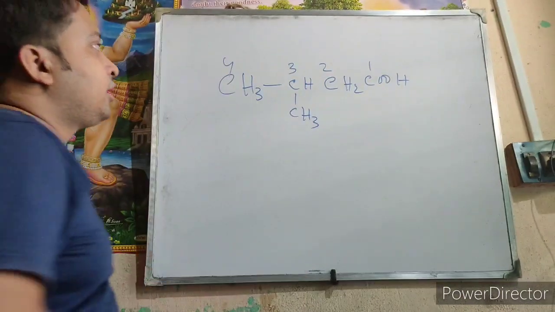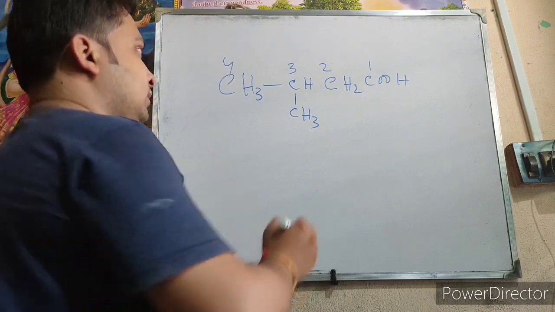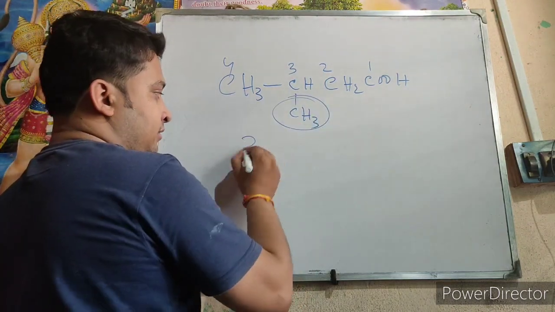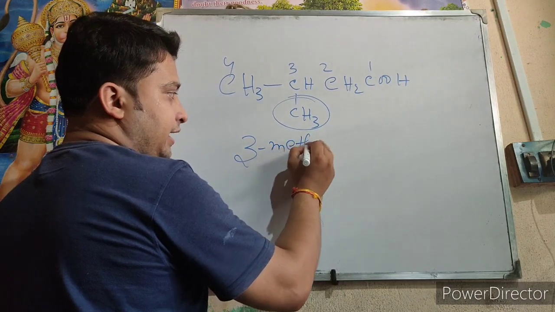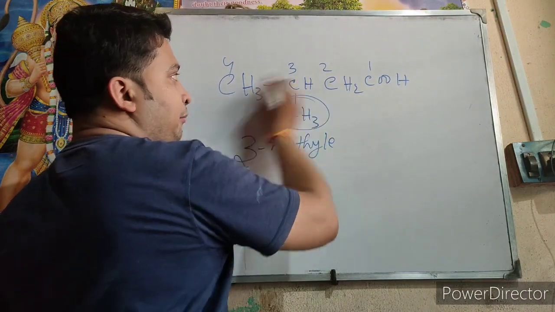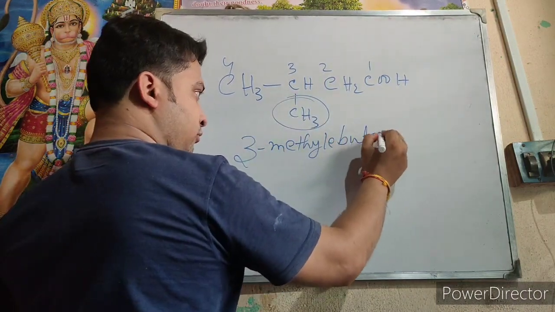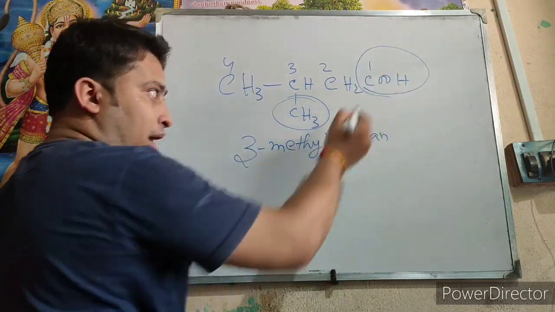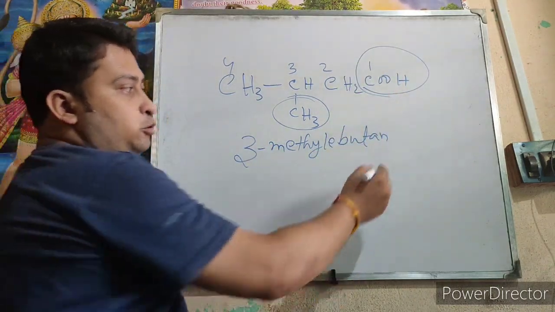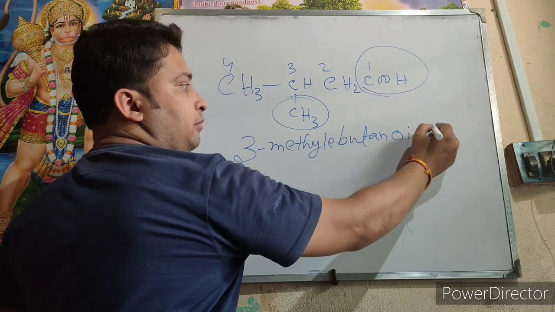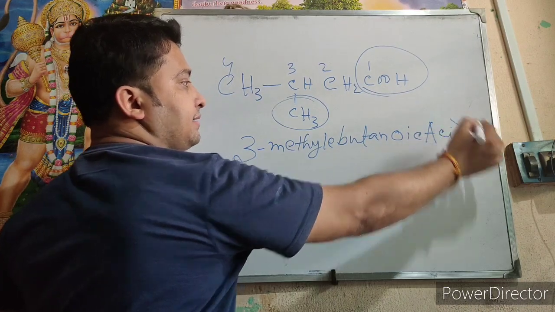So 3-methyl butanoic acid. 3-methyl butanoic acid.